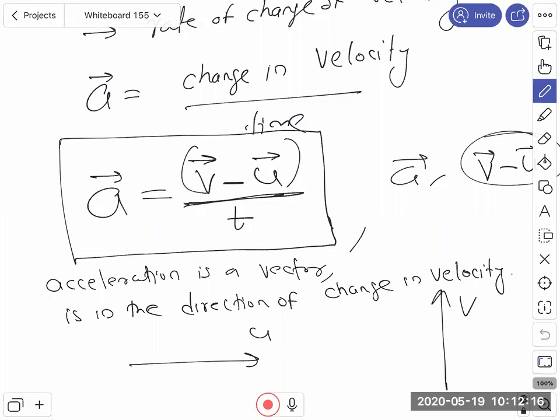Acceleration is a vector quantity and it is in the direction of change in velocity.